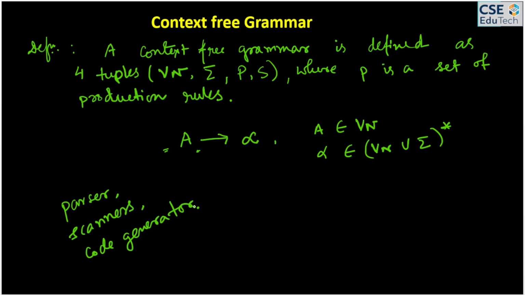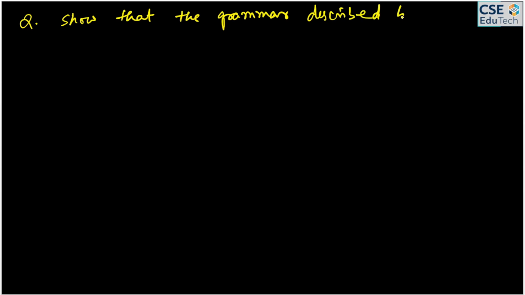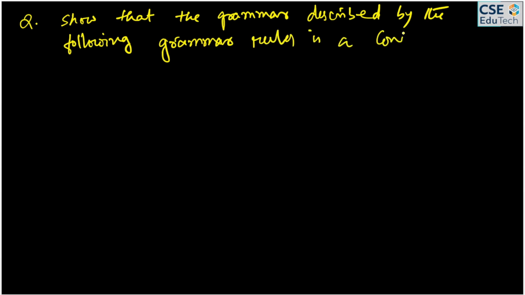So now we'll give an example. Suppose the question is: show that the grammar described by the following grammar rule is a context free grammar.